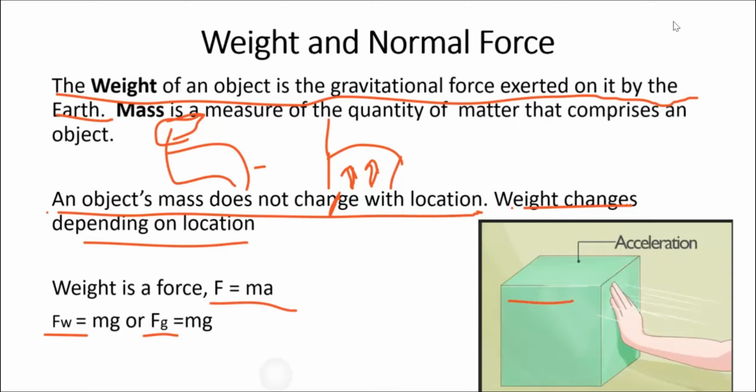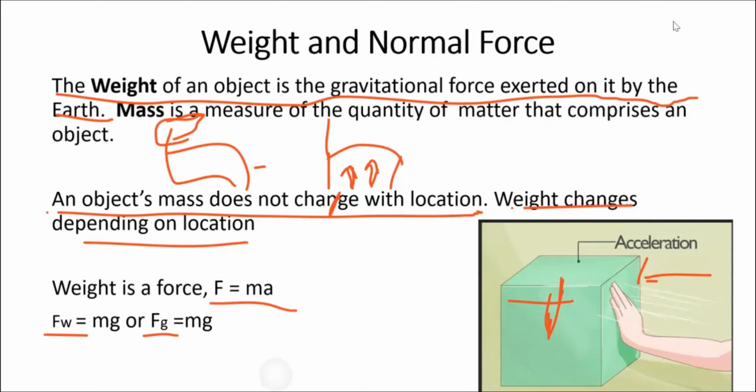This is the mass of the object, it doesn't change. But the force on the object depends on the hand here pushing the object forward. So the acceleration depends on the mass, because force is equal to mass times acceleration.